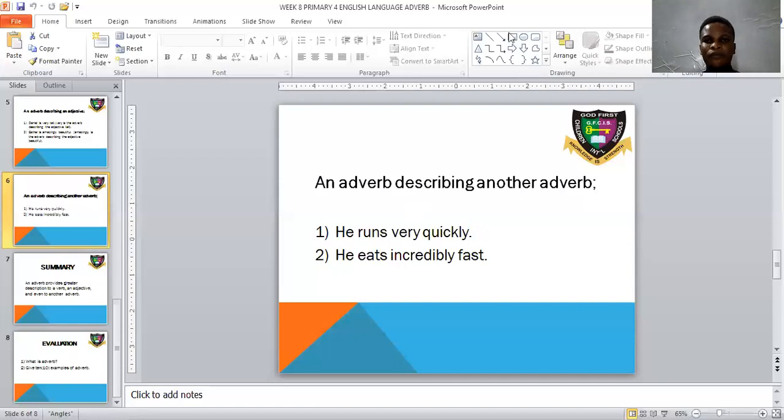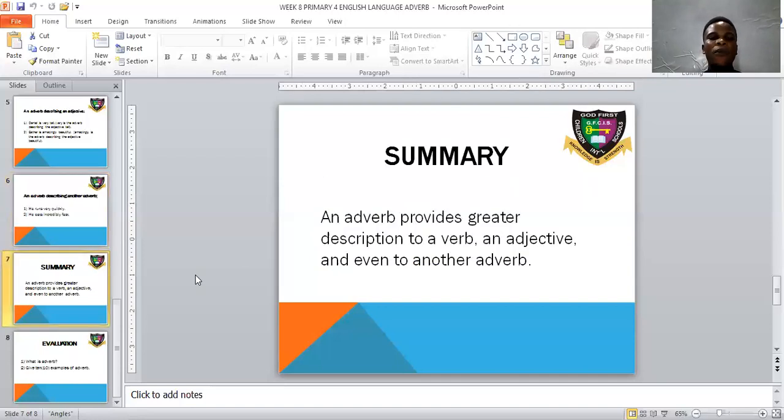So now, in summary, we have an adverb provides greater description to a verb. That is, it gives a bigger description, a greater description to what? To a verb, an adjective, and even to another adverb, just as we have done during the course of our lesson.